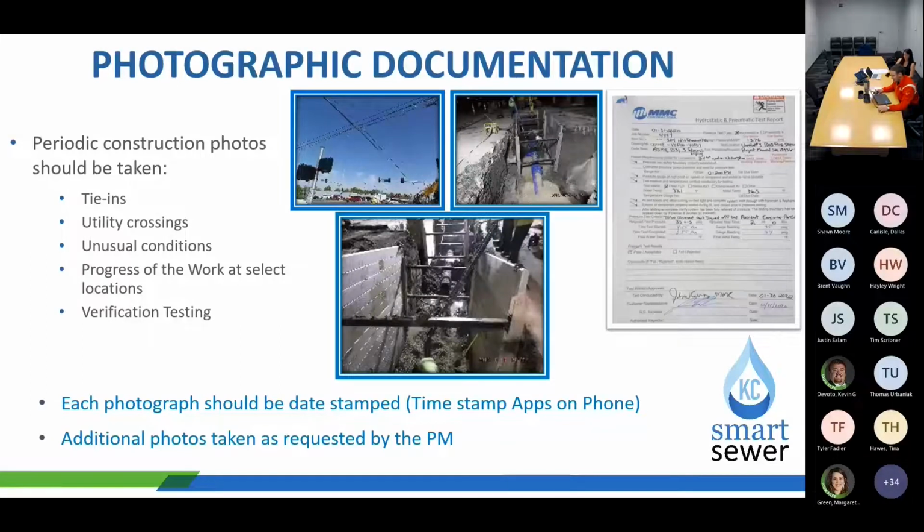But there are apps out there now, if you as the RPR are using the camera on your phone, that will timestamp a specific picture and provide a location as well. One that I use is called Timestamp Camera. It's just a free app through the App Store, but it's very useful.